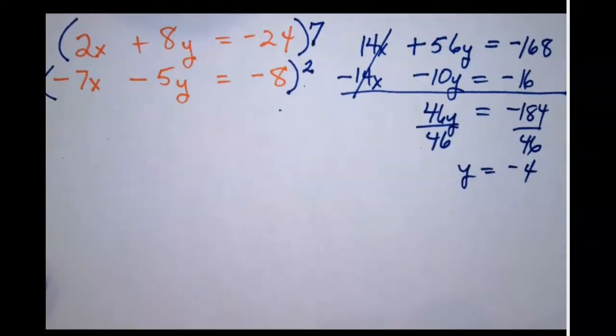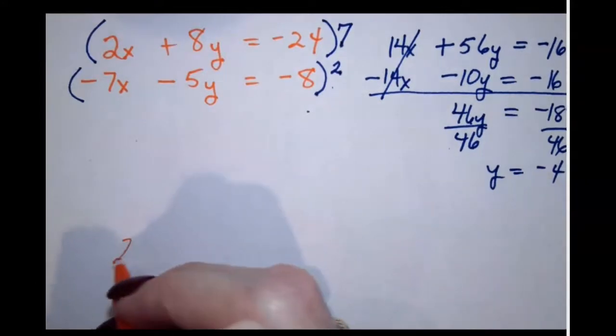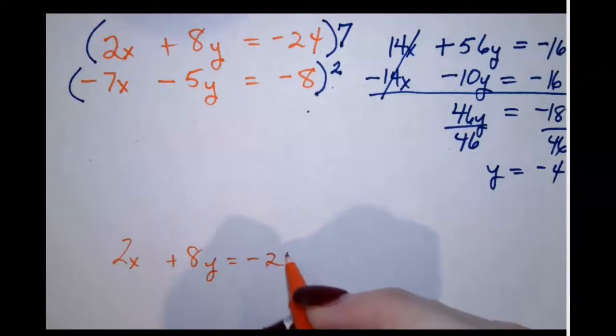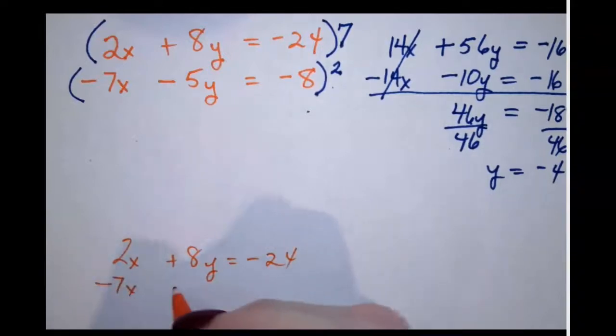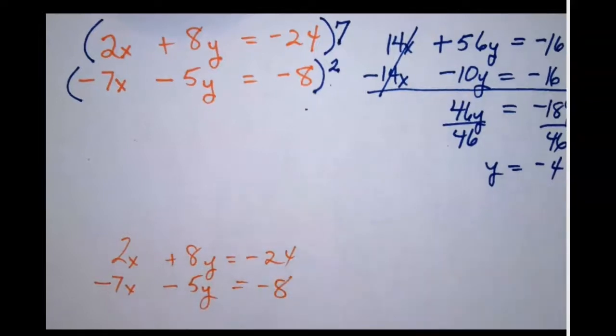Now I do want you to think about this. I could do the exact same problem. And let's think about this. 2x plus 8y. And let's look at what would happen if I did the y's.